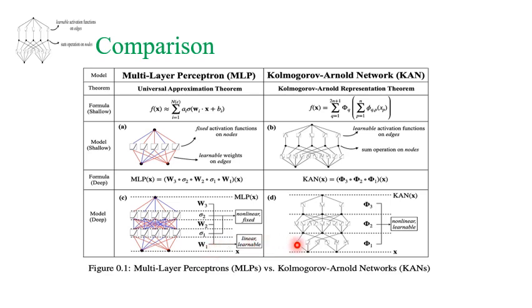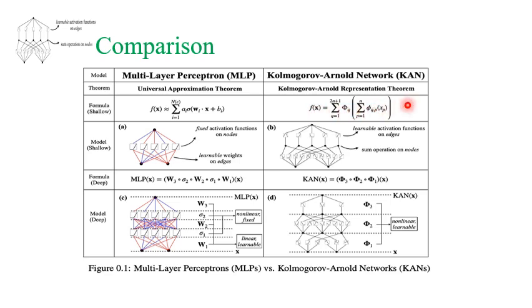These weights are replaced by non-linear and learnable activation functions. We sum the output of this activation function and pass it to the next one. As you can see here, we sum them together, pass to the next univariate function, and here we sum them together, pass this one, and sum together, pass to this activation function. This is the idea of this formula. We sum together the activation functions and pass to the next one.